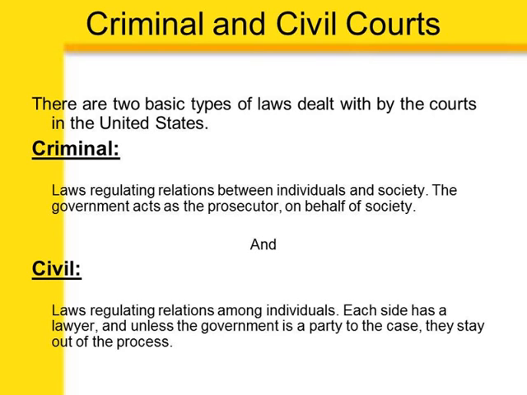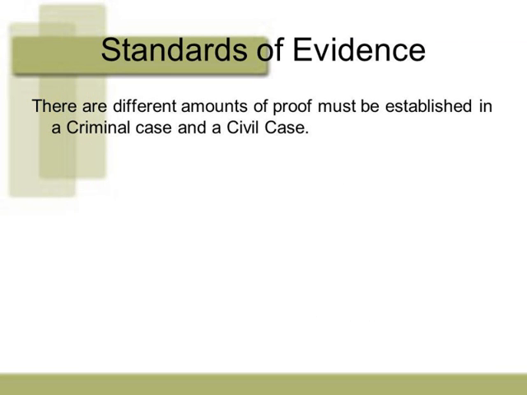Now, another major difference between criminal and civil law is what we call the standards of evidence. In order for me to be found guilty of a crime, you have to have evidence. You have to have enough evidence to show that I'm guilty. For me to be found negligent under a civil case, the same thing. There has to be a certain amount of evidence.